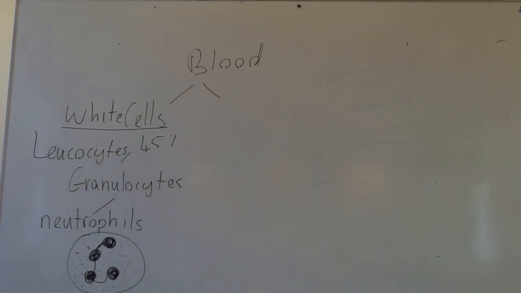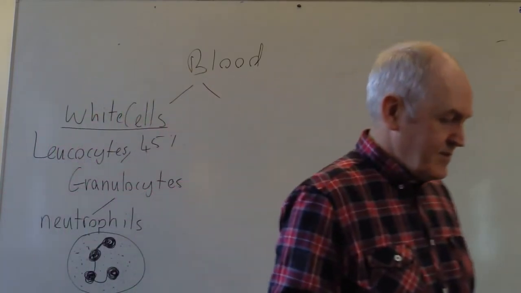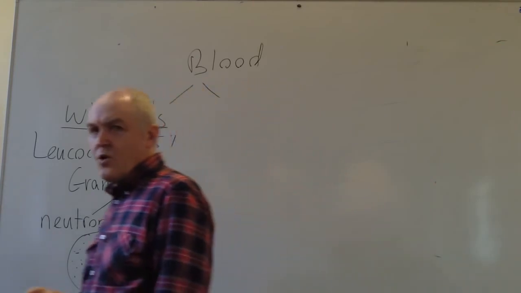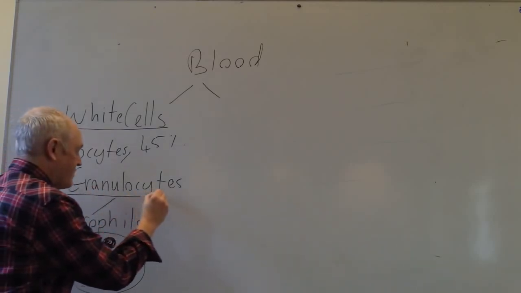Leukocytes. Some people spell it with a K, but the English way is with a C. So leukocytes are all the white blood cells. So what we're actually talking about just now is granulocytic leukocytes. It's a type of leukocyte.